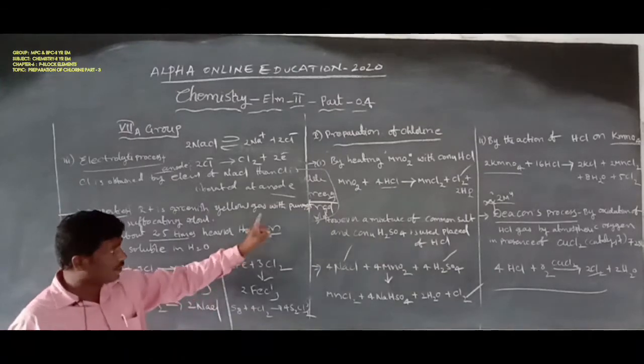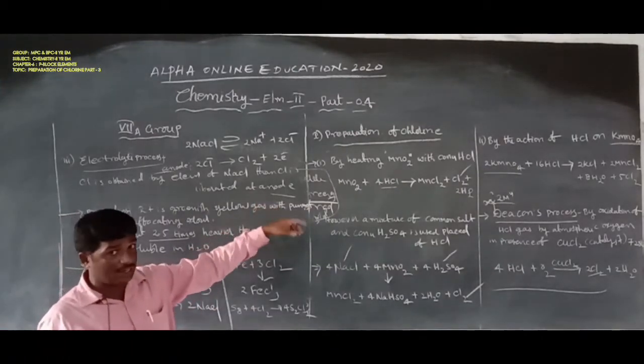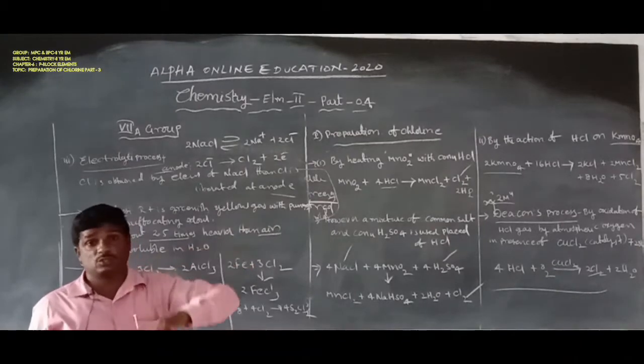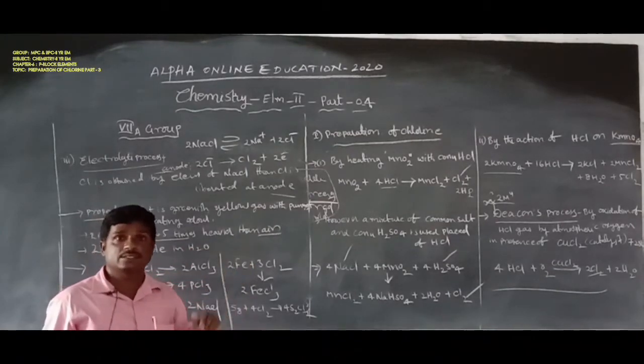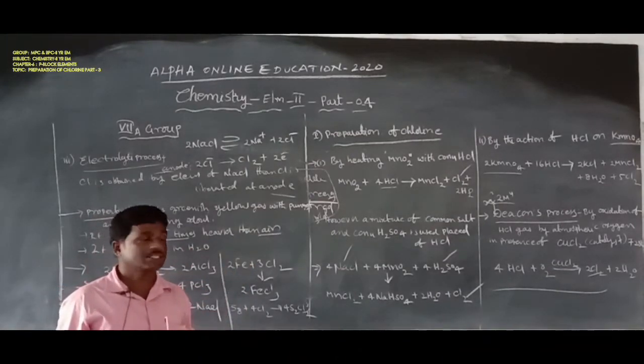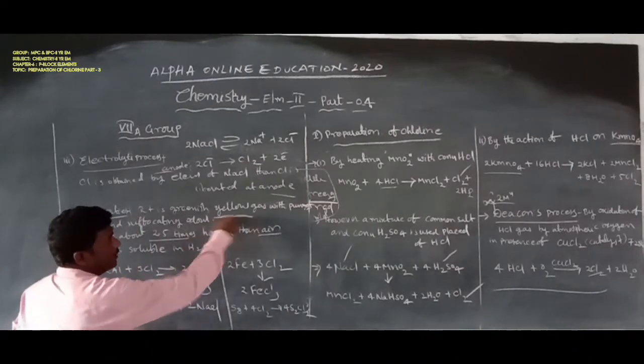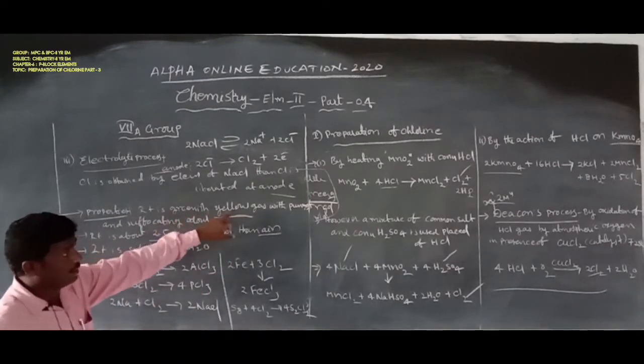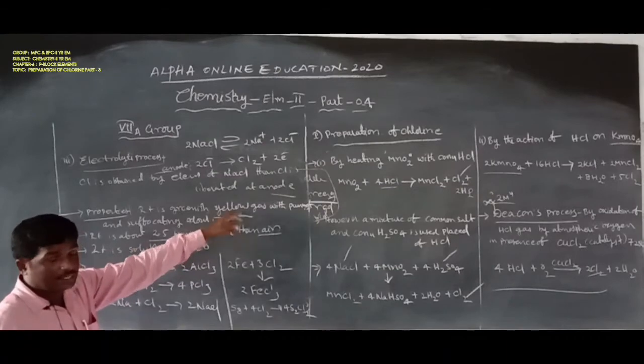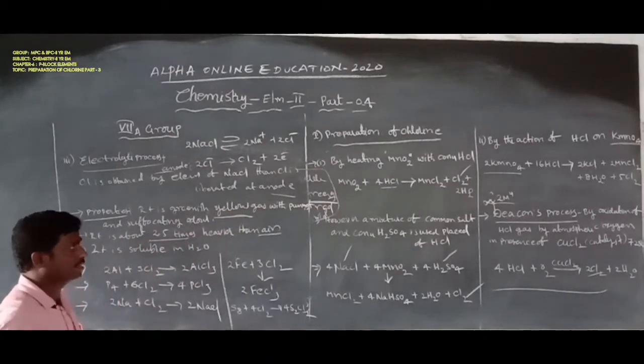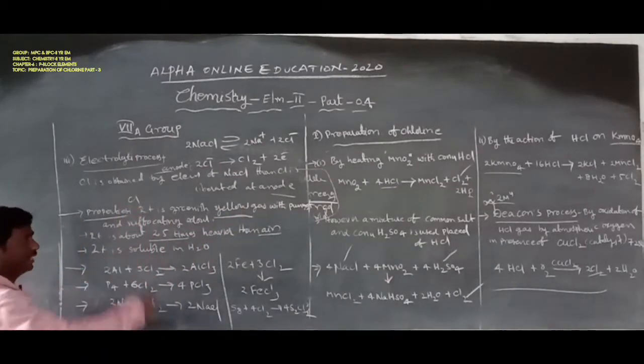Then suffocating, greenish yellow fumes are evolved in the test tube. Then chlorine is formed.